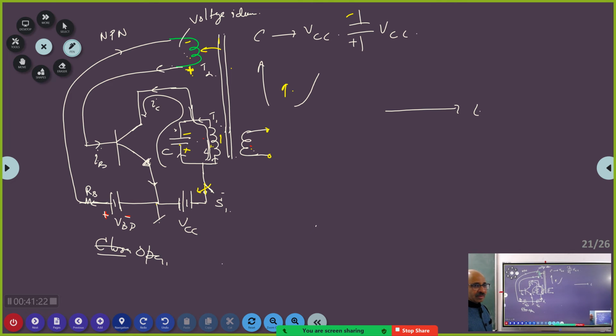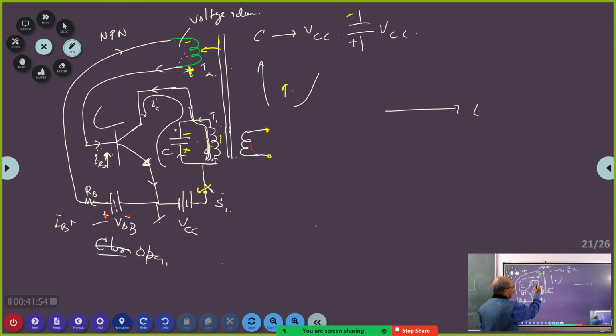So now there is already VBB, and because of VBB the current is IB. Plus, this induced voltage is now added to it. So this voltage plus this voltage is now in this circuit, which means IB will also increase. If this current increases, this voltage will increase, and therefore this current will increase.